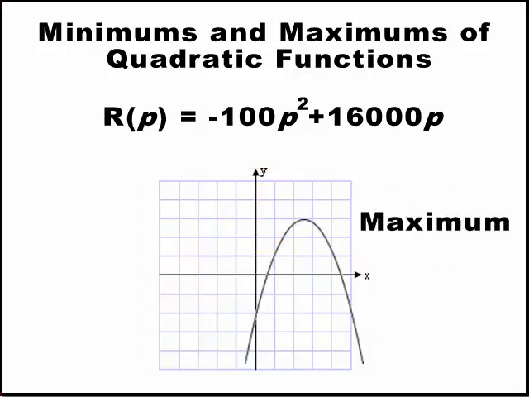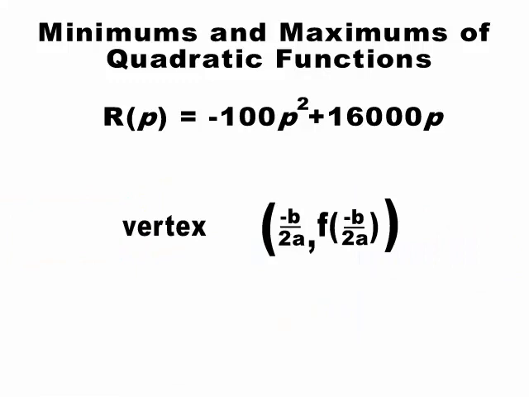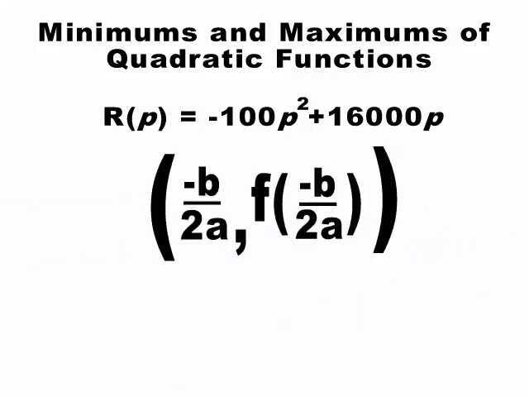That's going to be the total amount of money brought in depending on the price of the textbooks. It's your greatest possible y value from this function, which in this problem is the greatest possible revenue. So we're going to find the vertex.